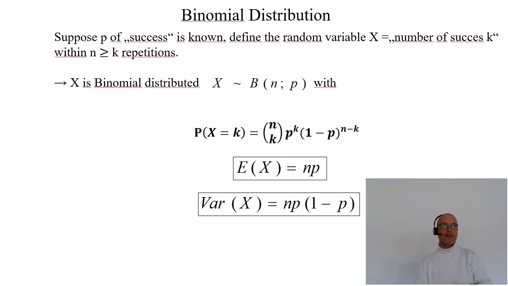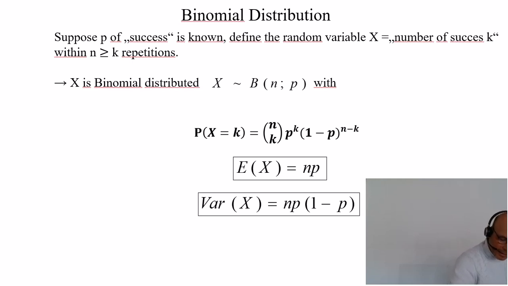But then you have to keep in mind, it could be that you have these 2 successes in the first 2 throws, or in the first and the third, or in the second and the third. So you have 3 possibilities within 3 throws of a dice to have 2 times success.